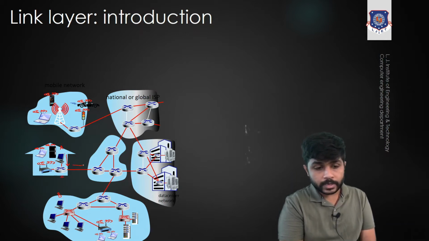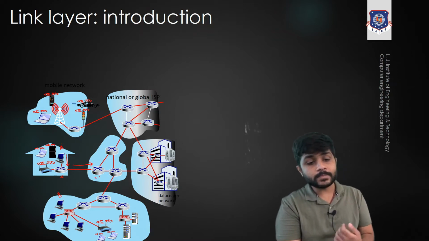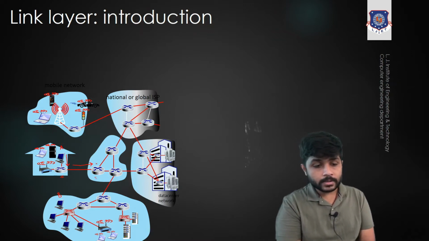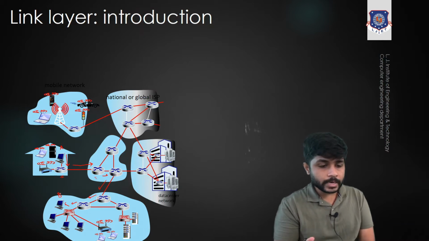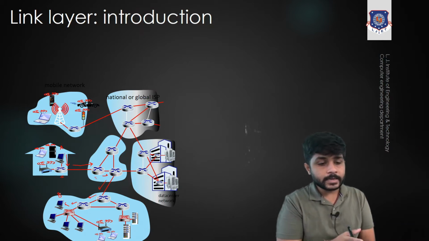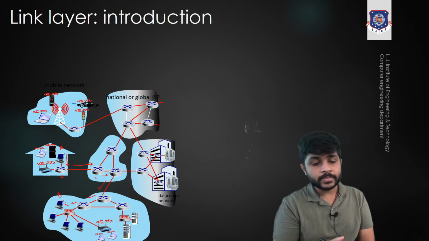Then it will be forwarded to the next router. Then the router will decide what is the best path to deliver the received data. After deciding, it will forward the data, and after some time the data will be delivered to device B. So this is the basic flow of the data when the sender sends any data and when the receiver is receiving data.